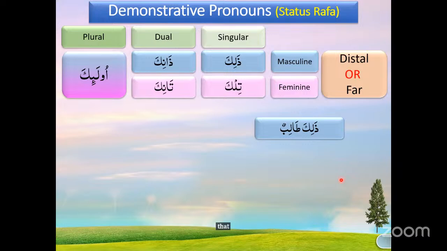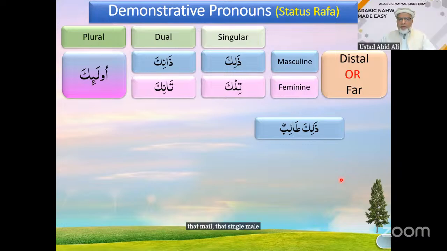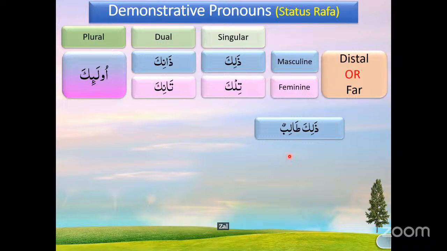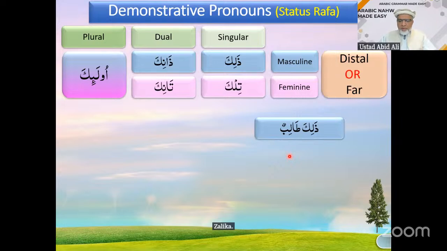That single male. Yes, that male is a student. So what is dalika here? It's a nominal sentence, right? And dalika is the starting noun.